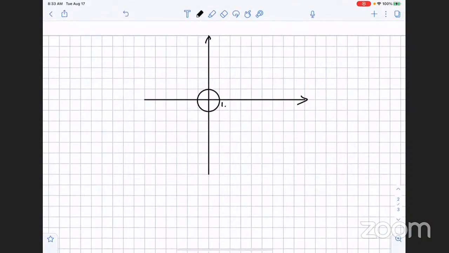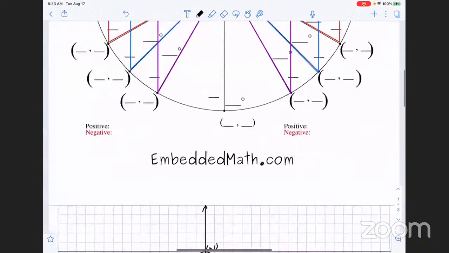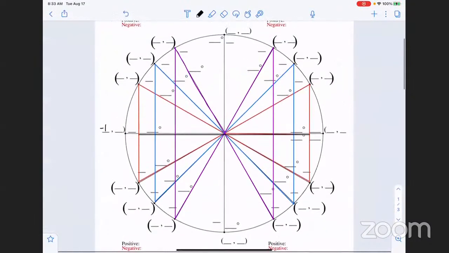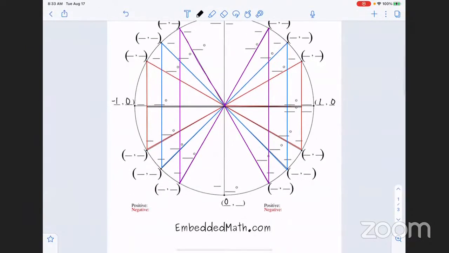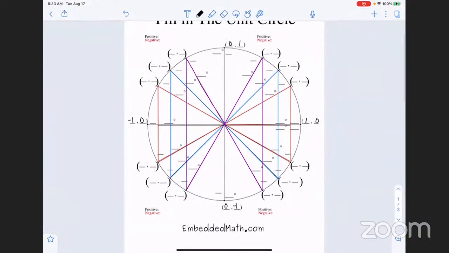This is (1, 0), (0, 1), (-1, 0), and (0, -1). So this is the basic idea: the radius is exactly 1, and a radius of 1 makes this the unit circle.